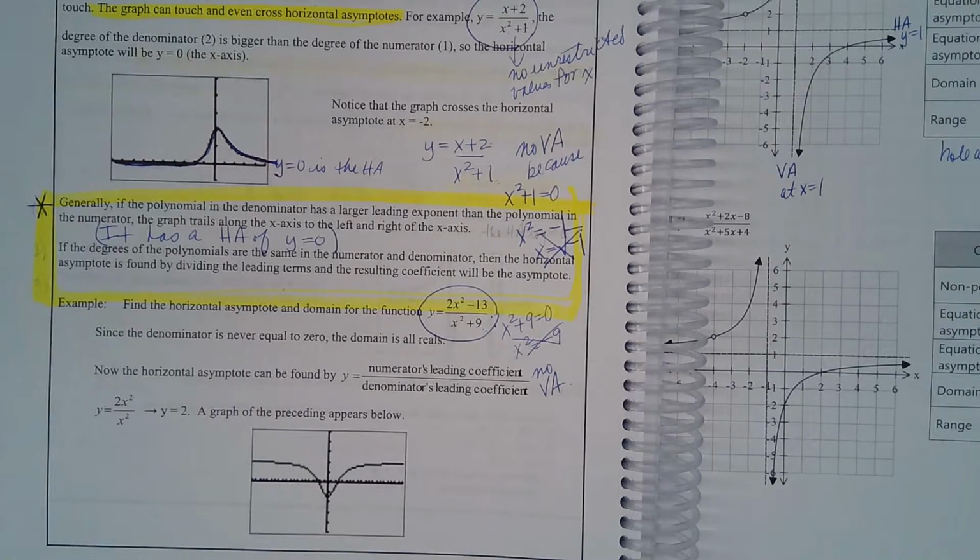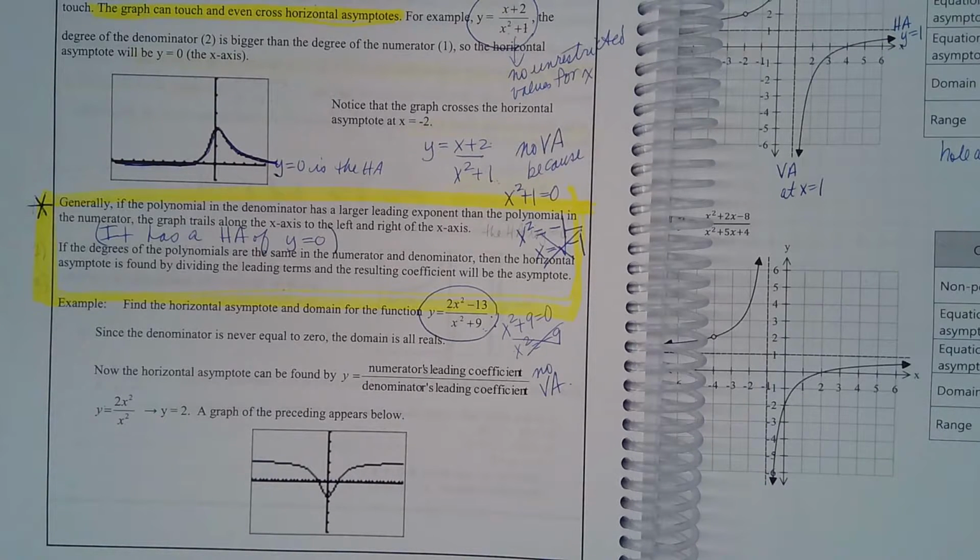If you had something like y equals 3x cubed over 5x cubed plus whatever, your horizontal asymptote will be 3/5. The same powers top and bottom are really easy; they just cancel each other out. Whatever coefficients you're left with, that's your horizontal asymptote. If you have higher on the bottom, it's always going to be y equals 0.